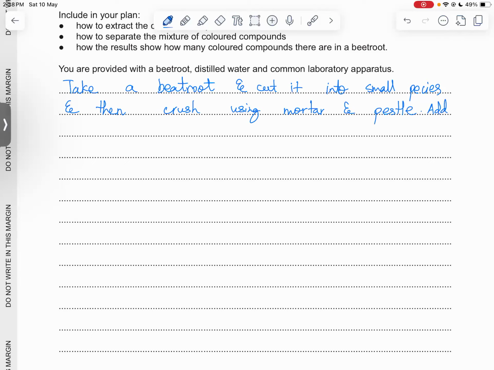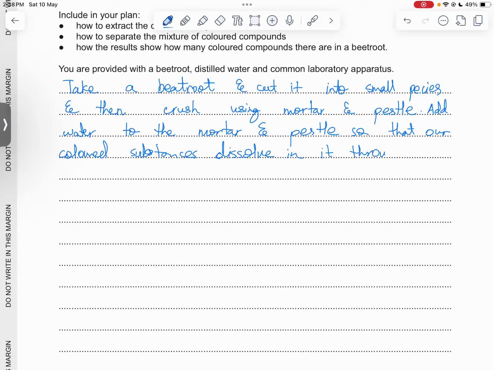Add water to the mortar and pestle, so that our colored substances dissolve in it thoroughly. Full stop.